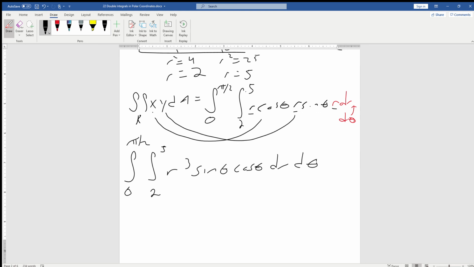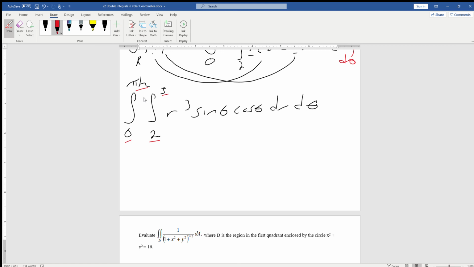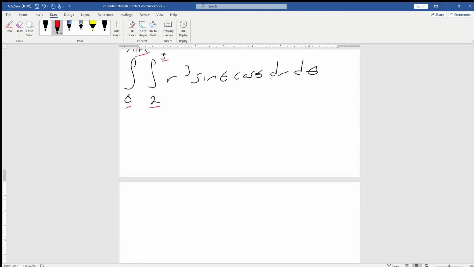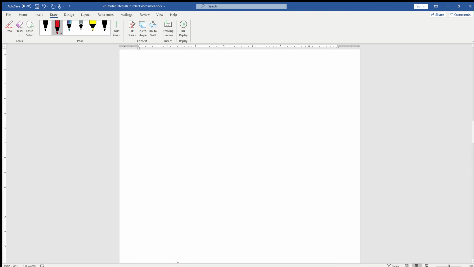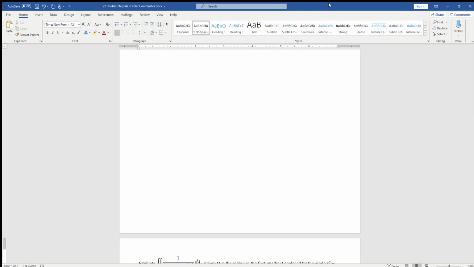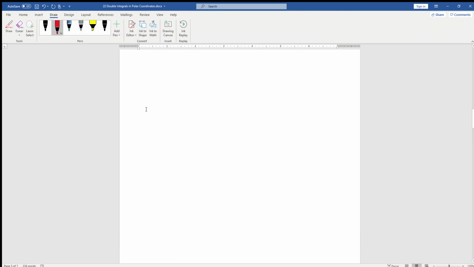Now, I want you to notice that all of the bounds are constants. If all of the bounds are constants, meaning that we don't have any variables like we did in the previous section with most of the problems, then we can very easily separate them into 2 separate integrals that are being multiplied together. Again, this only works if we have only constants.